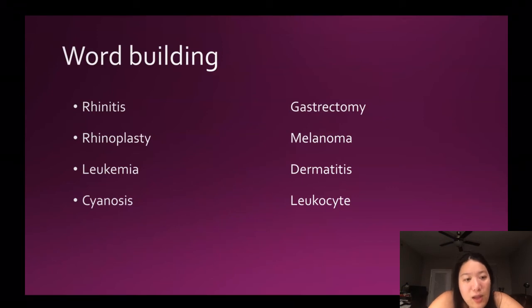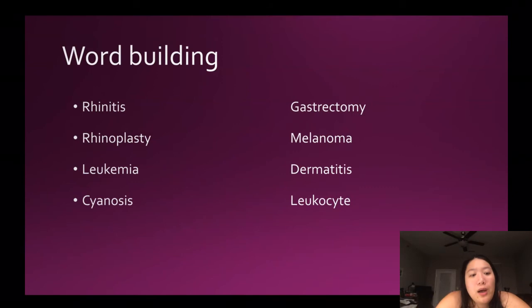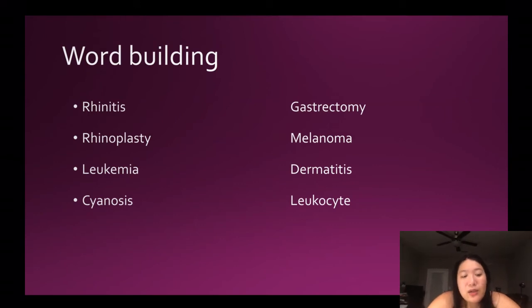And then leukemia: leuk is white and emia is presence of blood. This is talking about the disease leukemia, which happens when there's an issue with the white blood cells. And then there's cyanosis: osis is the status or disease, and cyano means blue.